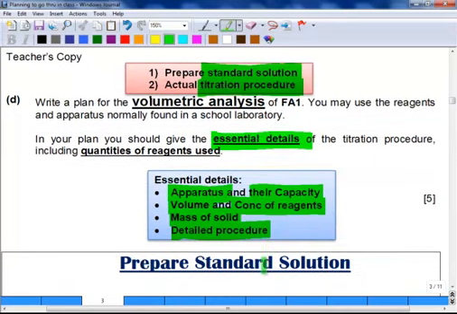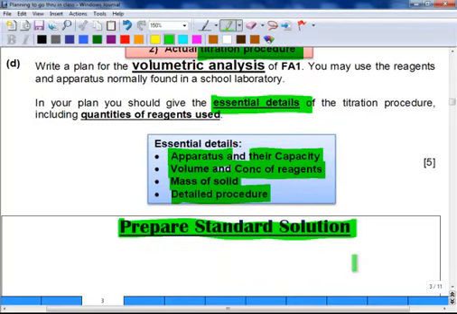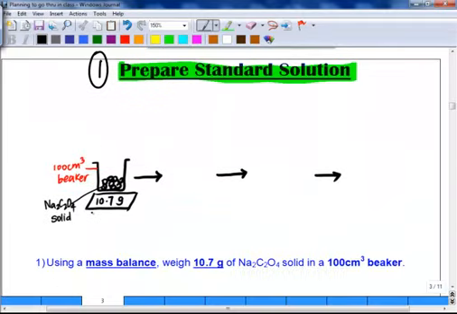Okay, this one, prepare standard solution. Everybody please take this down. For your own paper, your procedure is actually given to you as one full 10 steps. Can you break it down into, firstly, prepare standard solution? Let's take a look at the diagram.